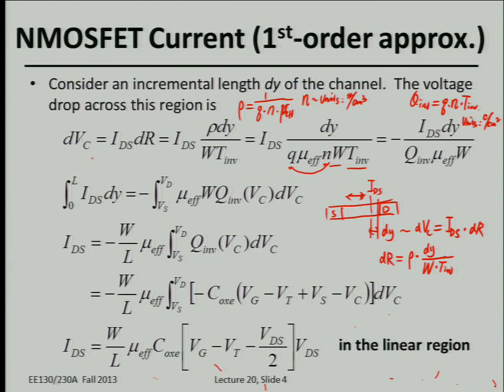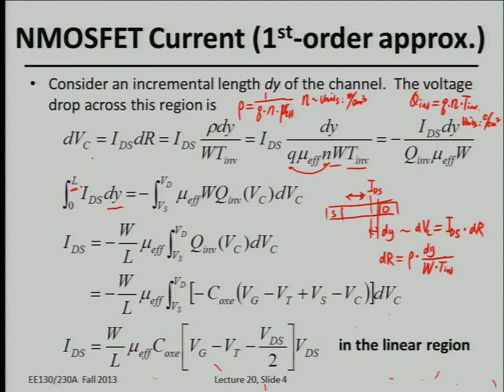For the integration of those increments, we need to do that from 0, which we call the starting point of the channel, the source side, to the region closer to the drain terminal, at the distance of L, the channel length.